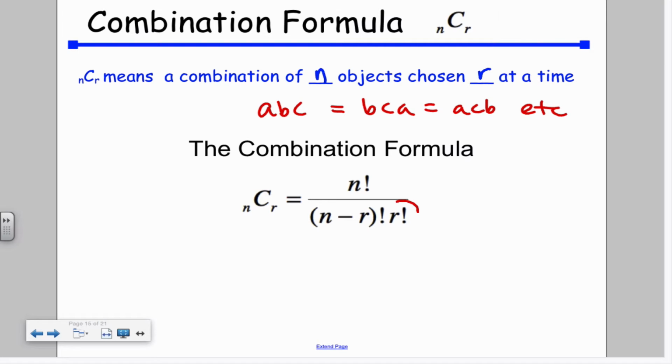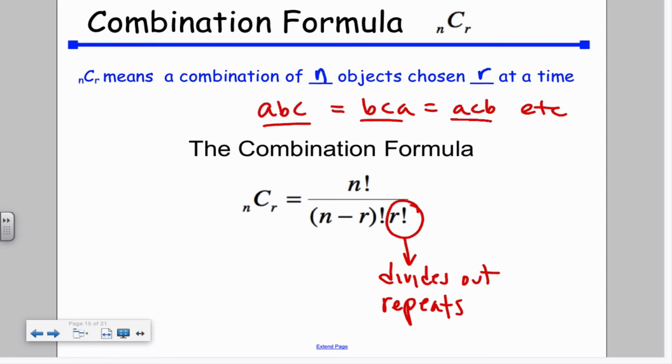So what we have to do is divide by this r factorial term. And what that does is it divides out the repeats. It takes care of the repeats that you get from ABC, BCA, ACB.